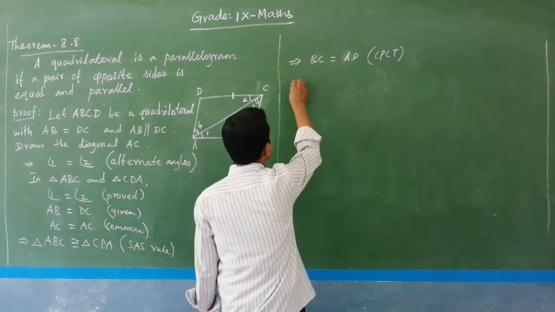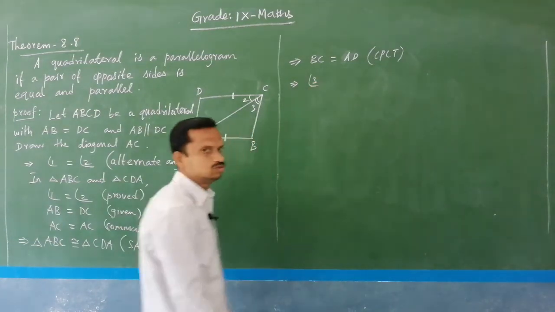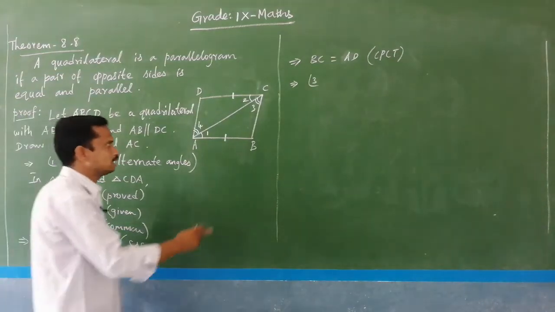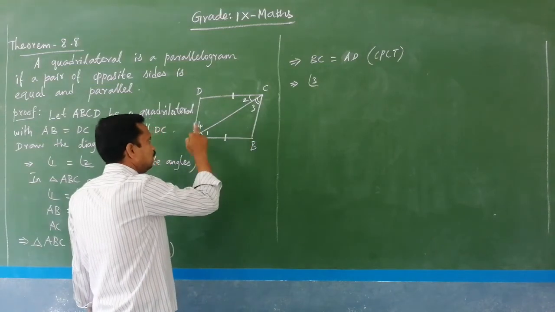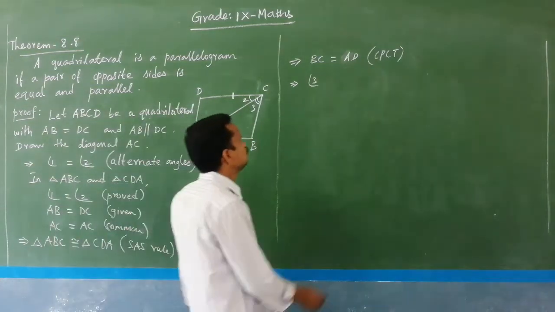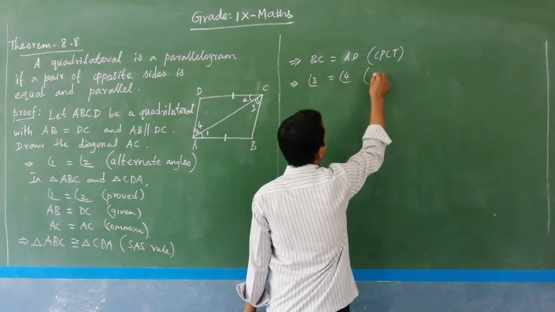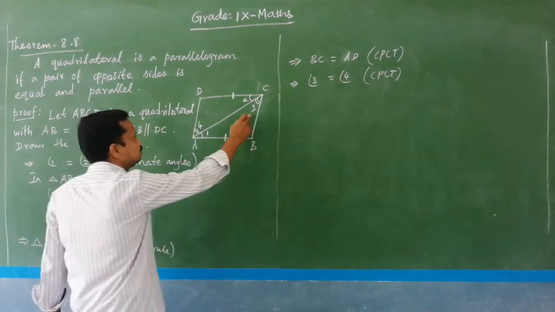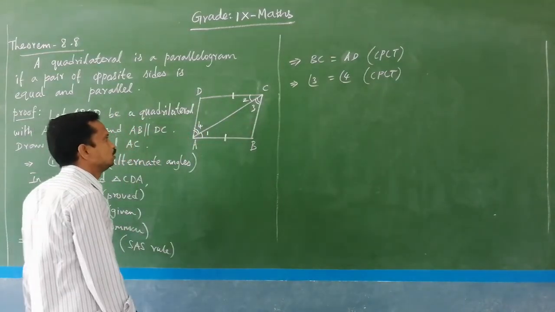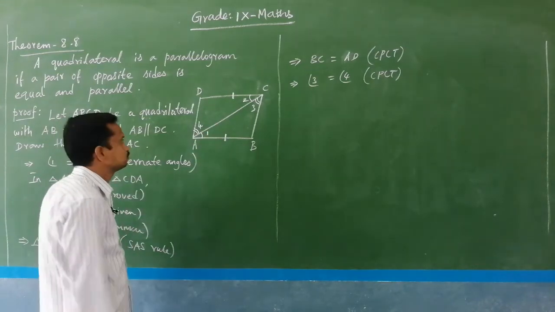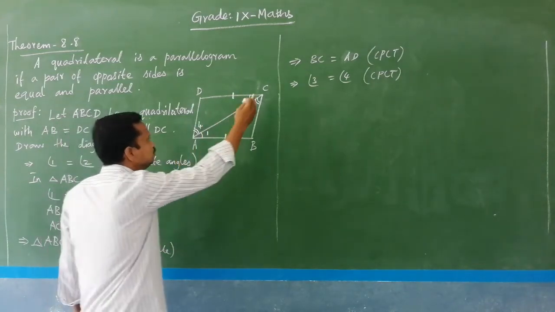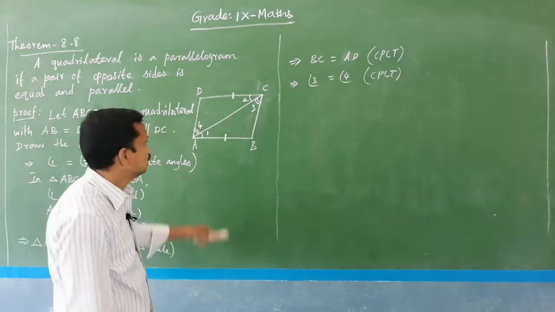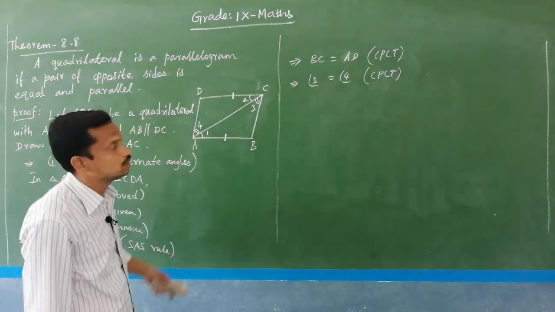Angle 3 of triangle ABC and angle 4 of the next triangle CDA will be equal, by CPCT. Now, angles 3 and 4 are alternate angles when you take BC and AD, any two lines, and transversal AC, and now we proved they are equal also.